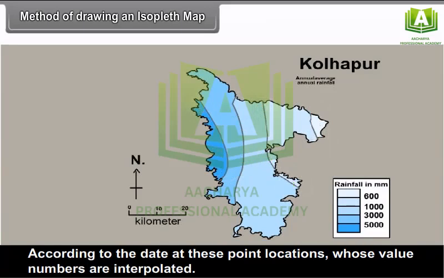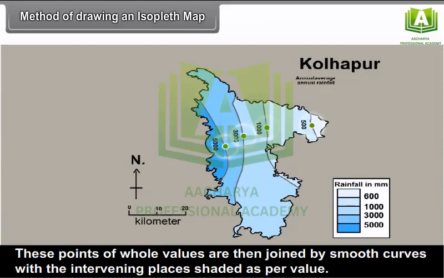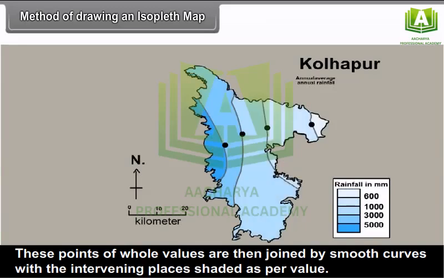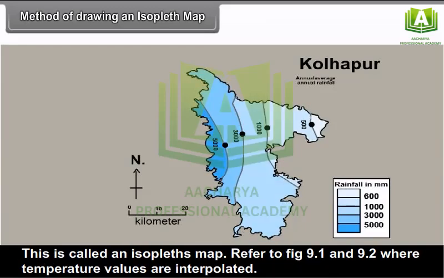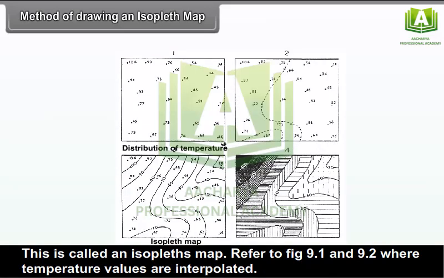According to the data at these point locations whose values are interpolated, these points of equal values are then joined by smooth curves with the intervening places shaded as per the value. This is called an isopleth map. Refer to figures 9.1 and 9.2 where temperature values are interpolated.